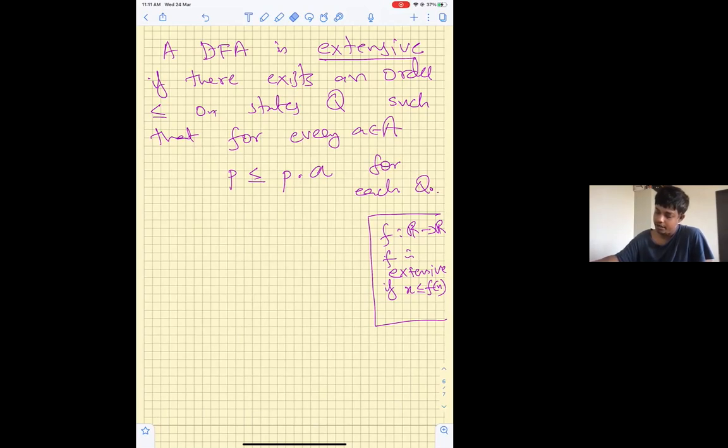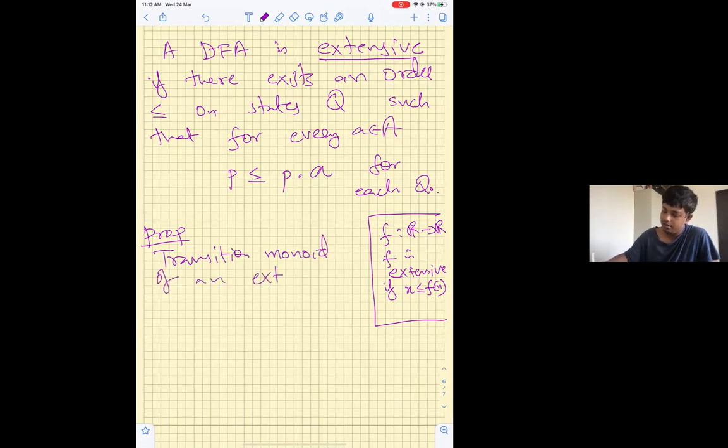Let's prove that. So first let's prove that the transition monoid of an extensive automaton is R-trivial.